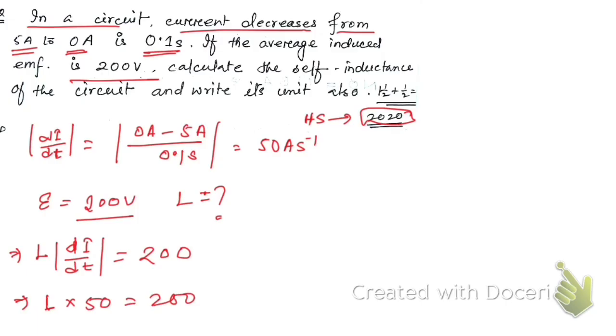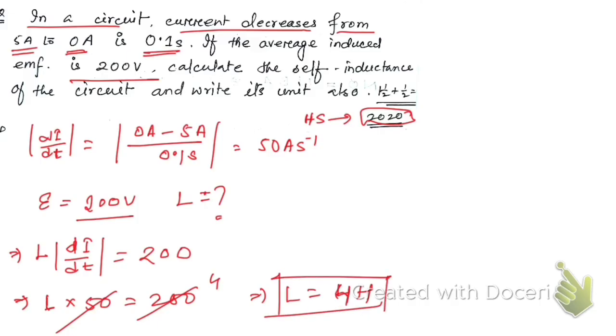So 50 cancels 200 to give 4, so L is equal to 4. This is the self inductance, and its SI unit is Henry.